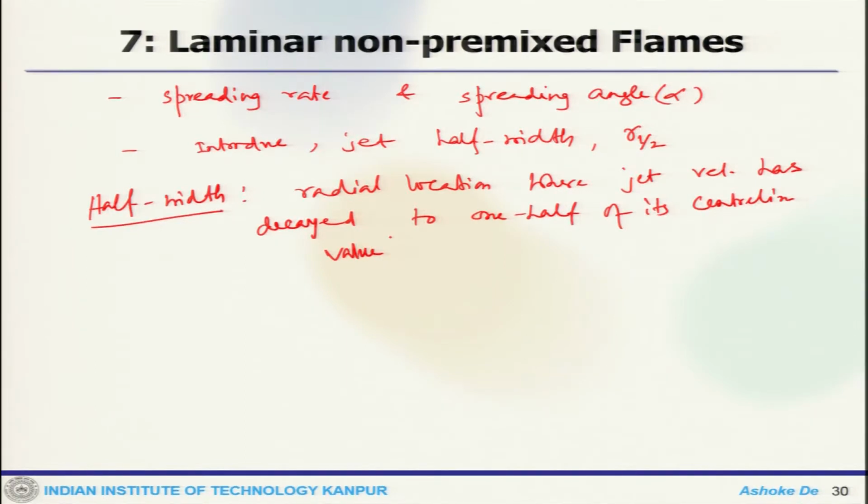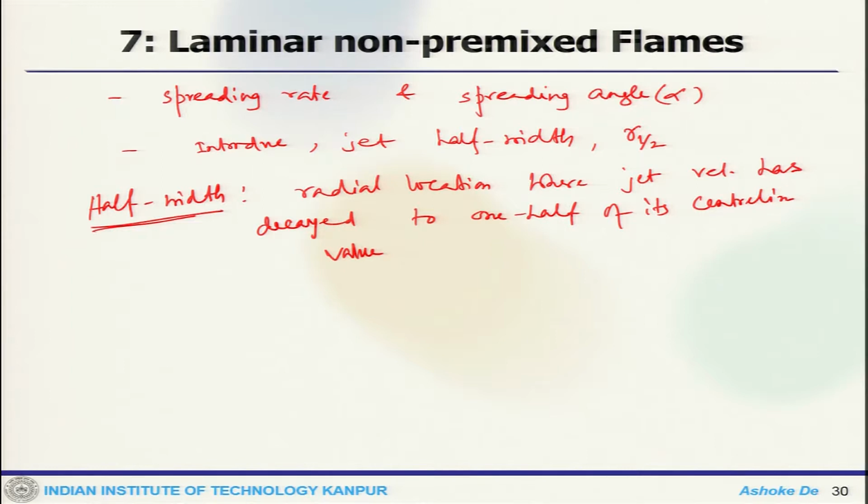That means along the radial direction it is basically the width. So, you find the radial width where the z velocity decays to 1/2 of the central line value. This is what one can term as the half width.